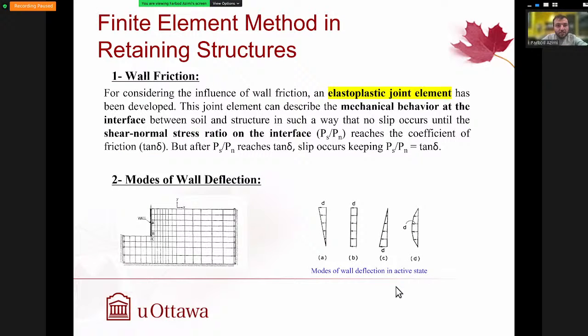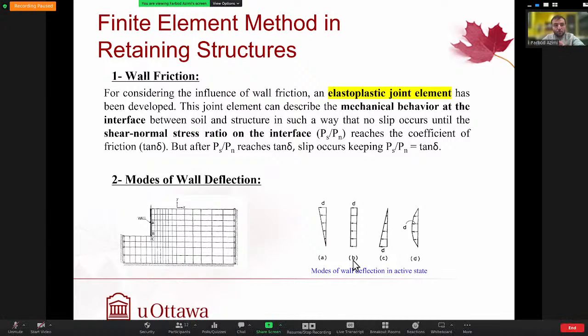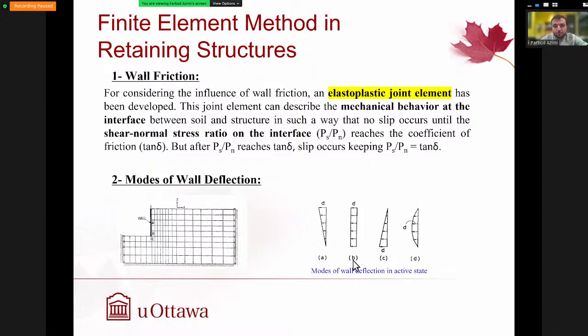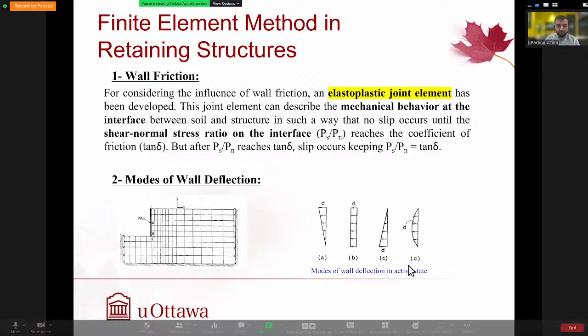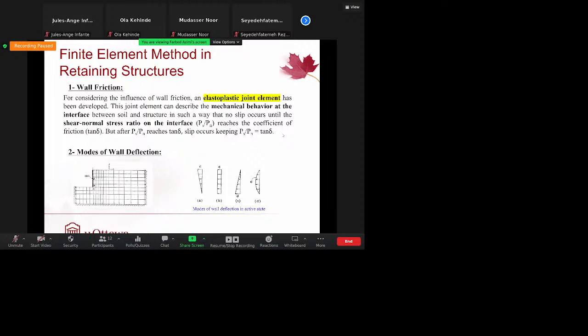The wall friction is exactly the interaction between the wall and the soil. To address this issue, we consider an elastoplastic joint element, which can provide us with the mechanical behavior at the interface.